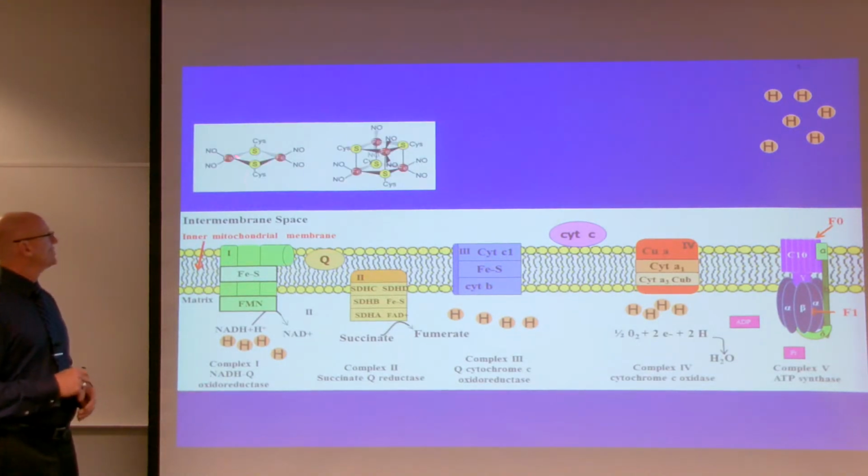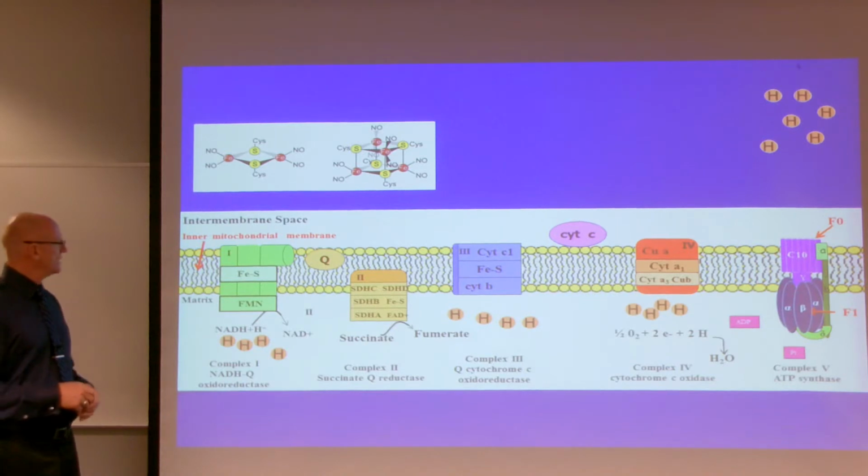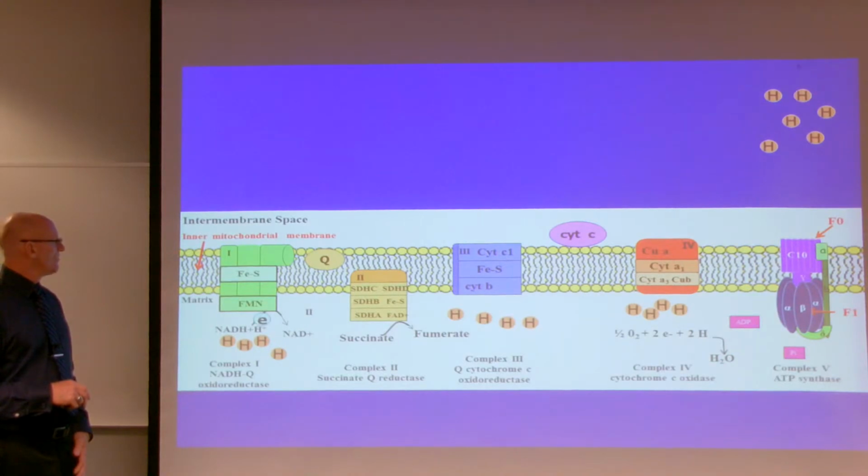This is an iron-sulfur center. These are the irons and the sulfurs. Again, it goes from its ferric to its ferrous state as it goes from oxidized to reduced. So the electrons are passed from the NADH to FMN to the iron-sulfur center and then to the ubiquinone.